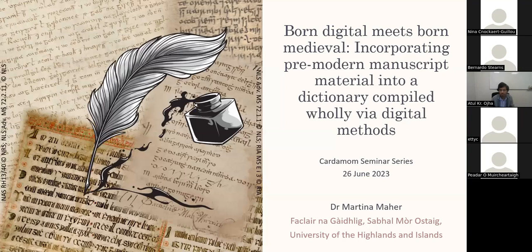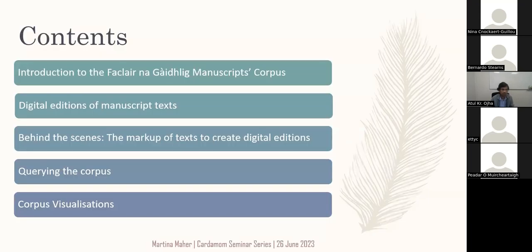And in doing so, it has a huge corpus of digital material of texts that are actually available and modern. However, incorporating the manuscript material is not quite so easy to do. So that required a particular part of the project and a lot of work to think about how to incorporate that following on from the manuscripts themselves.